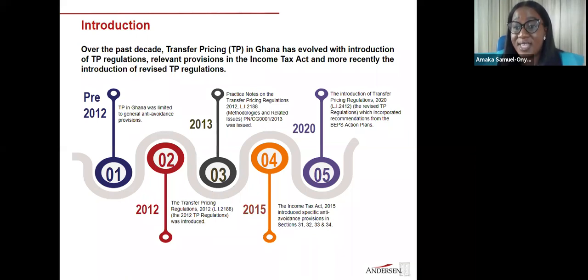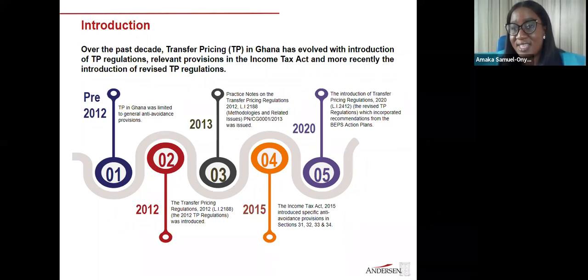In 2015, the Income Tax Act introduced specific anti-avoidance provisions in certain sections. However, in 2020, right in the middle of the COVID-19 pandemic, the Ghanaian tax authorities introduced the revised transfer pricing regulations, which incorporated some of the recommendations from the base erosion and profit shifting action plans.